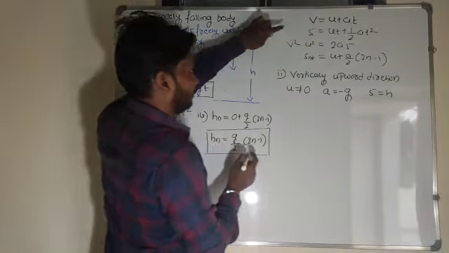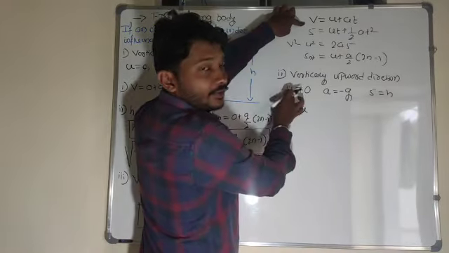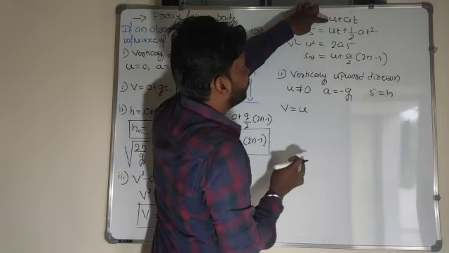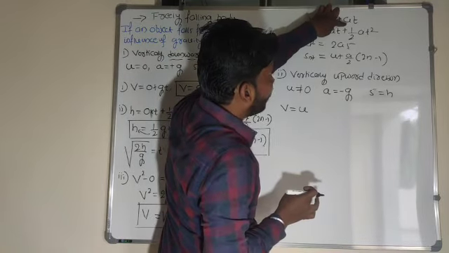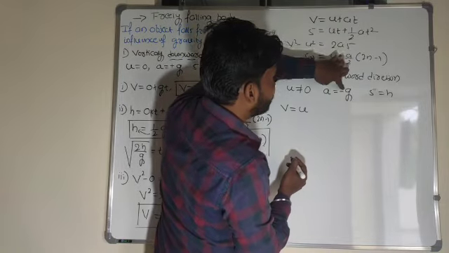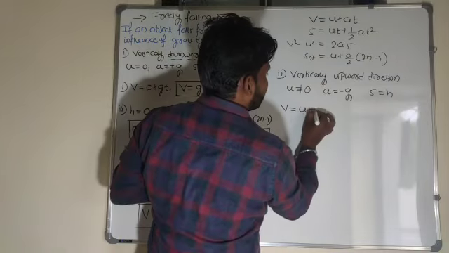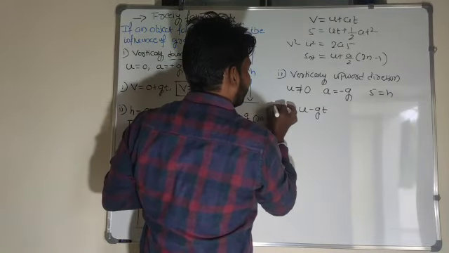Now look at here. Then what will be the kinematic equations? v is equal to u, the initial velocity, which is not supposed to be 0. Wherever a is there, minus g. So instead of a, I can take it as minus g, so that is minus g into t.